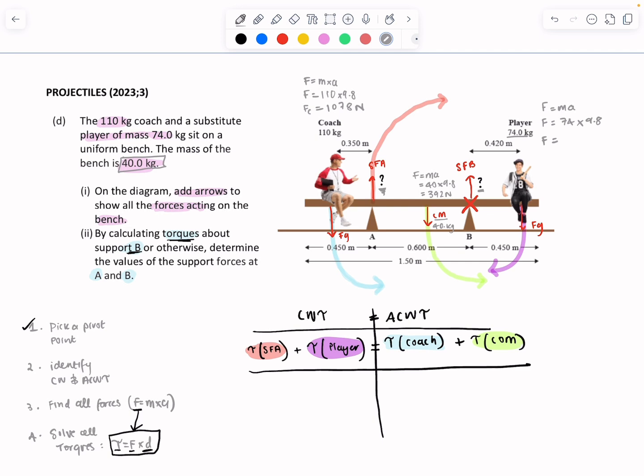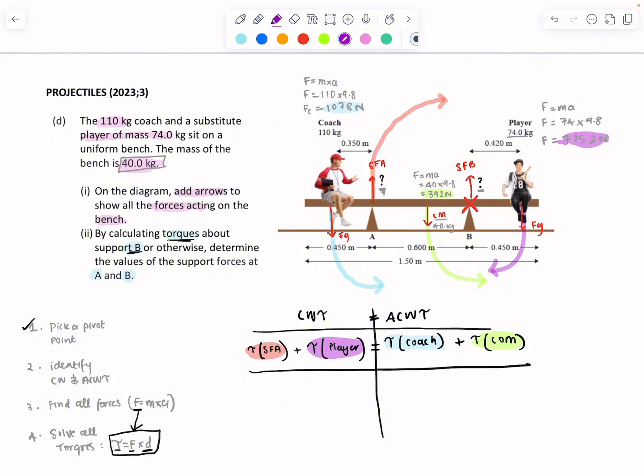The force therefore equals 725.2 newtons. Okay, so again, let me just highlight everything. We've got the force of the coach, we've got the force provided by the center of mass, and then we've got the force of the player.